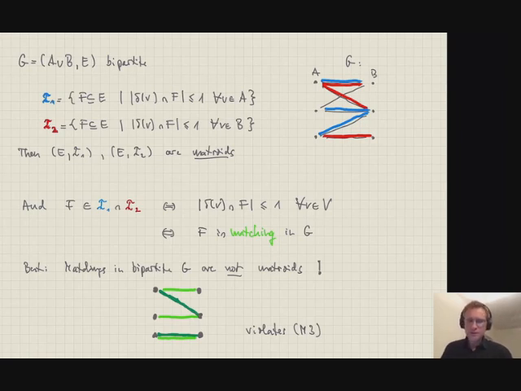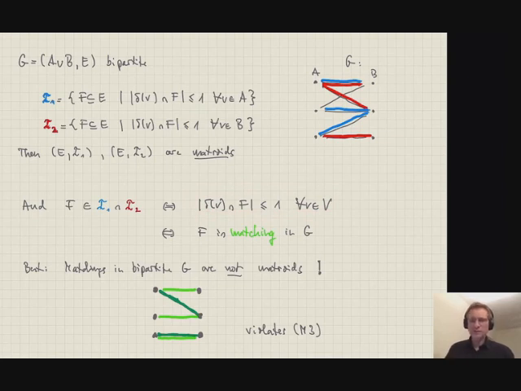And now what is the intersection of these two matroids? A subset F of the edges would be called independent if it sits in both matroids, in both independent systems here. So that means the degree of the A vertices should be at most 1, and the degree of the B vertices should be at most 1. So the degree of all the vertices should be at most 1.